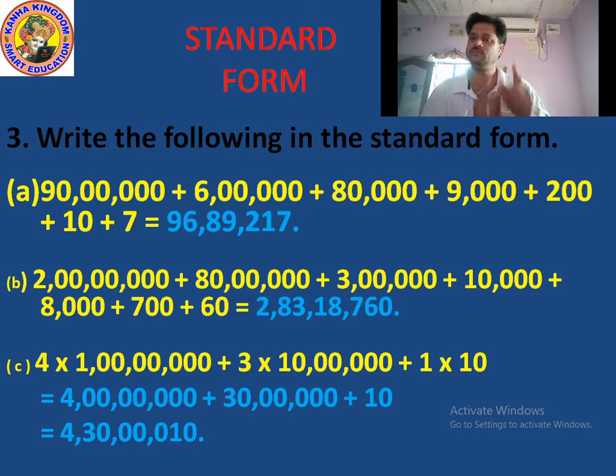You find that out with the help of the second comma. After the second comma, how many digits? 2 digits. Means in the lakhs period, 2 digits. 2 digits means lakhs place value and 10 lakhs place value. So this is 90 lakhs.